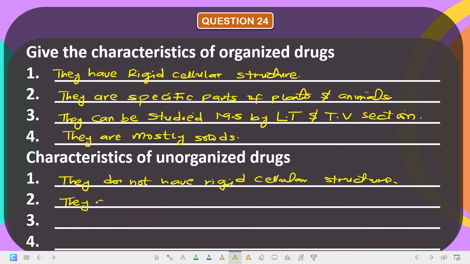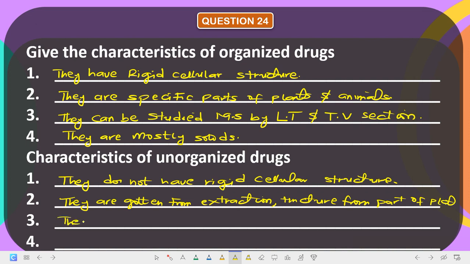They are gotten from extraction, like tinctures, from parts of plants and animals.